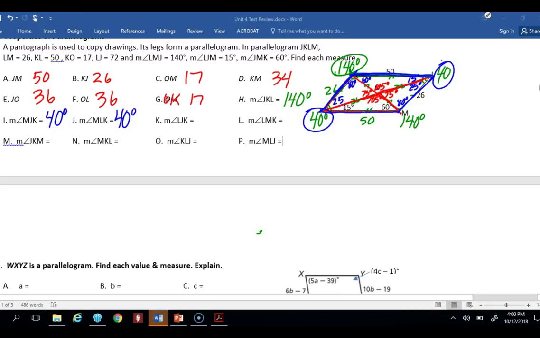LJK is this angle right here, and its measure right there is 25. Then we have LMK. LMK is this one down here, and that measure right there is 80.